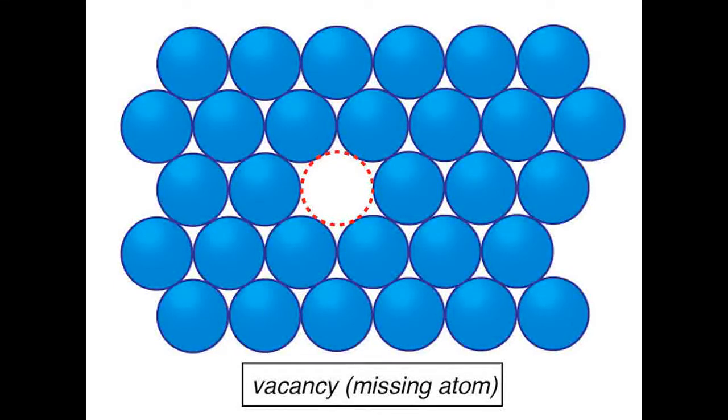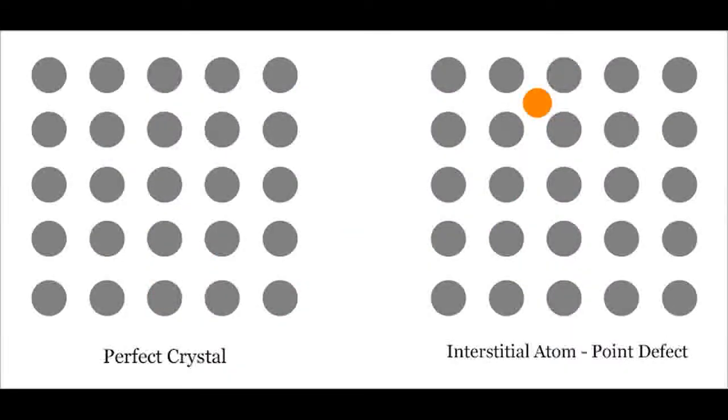Now these point defects or atomic imperfections can arise due to any one of the following causes. The first one is the vacancy defect, which means some of the lattice sites are vacant. The next cause can be the interstitial defect, which means some constituent particles occupy the vacant interstitial positions.